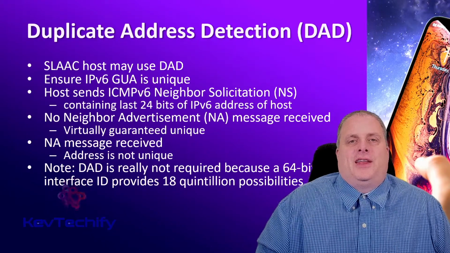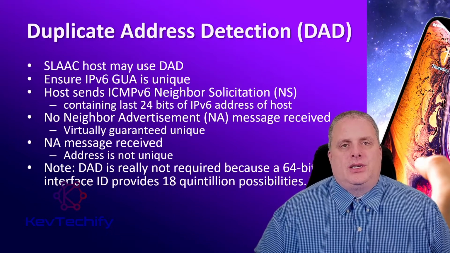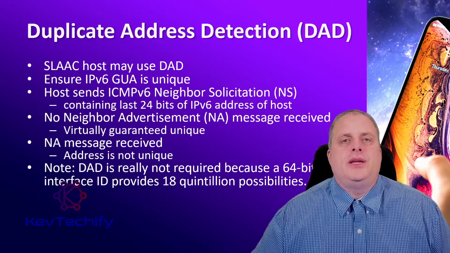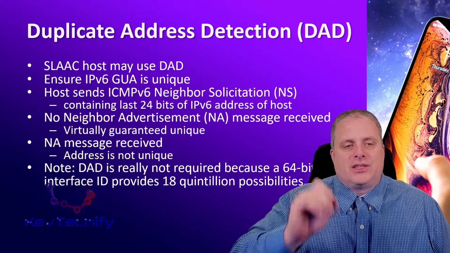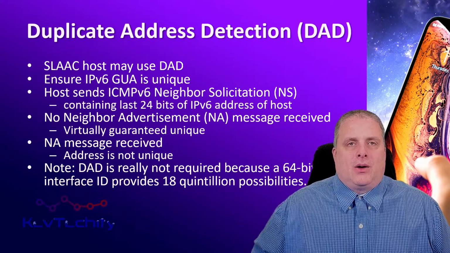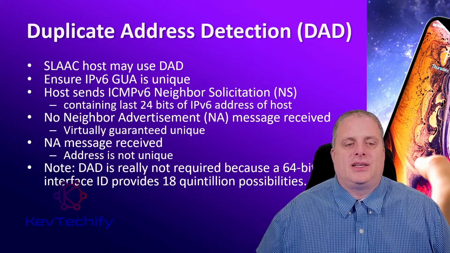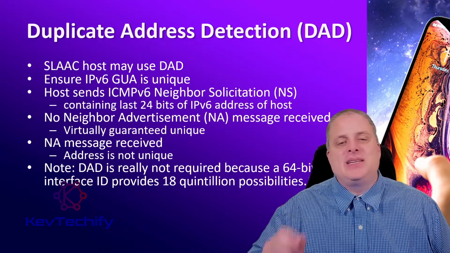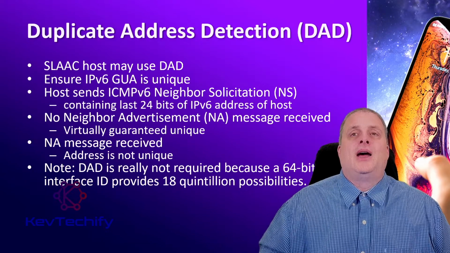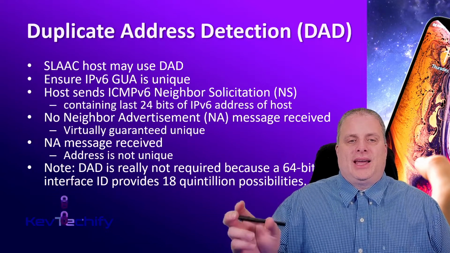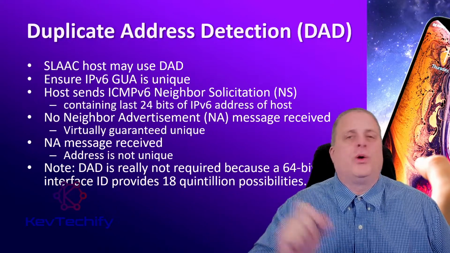There's something fun that they talk about here. They say, if I don't get back my neighbor advertisement message, it's virtually guaranteed to be a unique address. Now, I love how it says virtually guaranteed. Because the 64-bit interface identifier provides 18 quintillion possibilities, we're going to assume that if we just compare the last 24 bits, it's going to be unique.